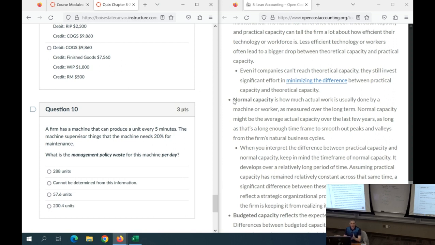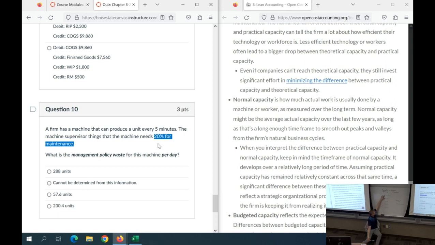Like over the last 3-5 years, workers usually get this much done. The machines usually get this much actually done. So it's an empirical measure. If we take the machine that can produce every 5 minutes, at least ideally, and then cut out 20% of it for maintenance, what we've done is that puts us from theoretical to a practical capacity.